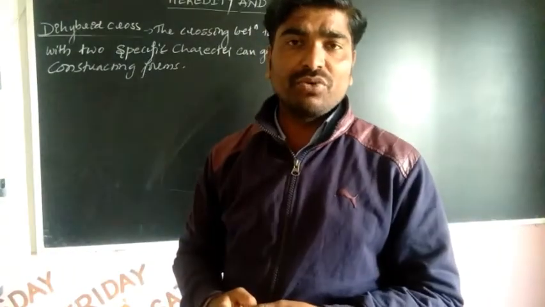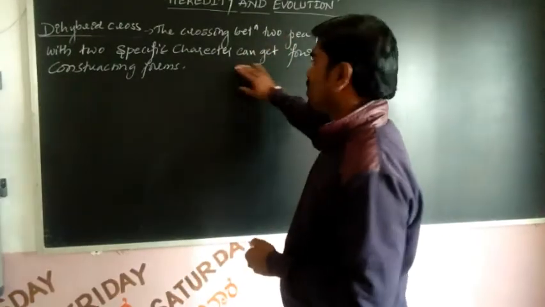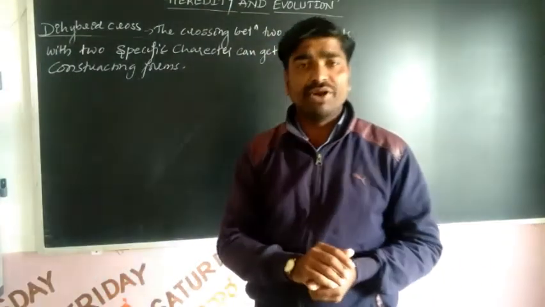The crossing between two pea plants with two specific characters gives four contrasting forms. That is a dihybrid cross.